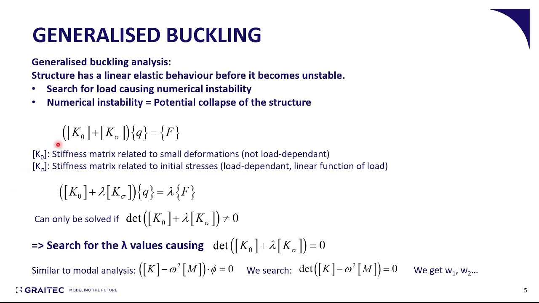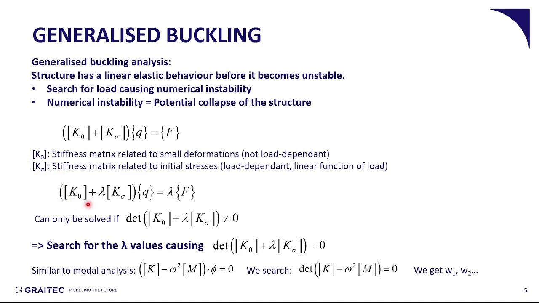And this is the following equation that describes the equilibrium of the structure. The term K0 corresponds to the stiffness matrix related to the small deformations, is not load dependent, whereas the K sigma is the stiffness matrix related to the initial stresses, is load dependent, and is a linear function of the load.